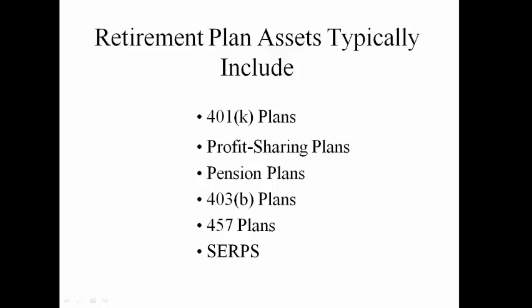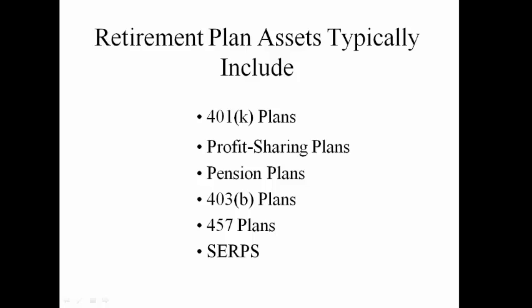And 403b plans have another wrinkle in that they are either called ERISA plans or non-ERISA plans. ERISA plans must follow all the rules applicable to qualified plans, and non-ERISA plans, which typically contain only employee money, are not required to comply with most of the elements of requirements for qualified plans.